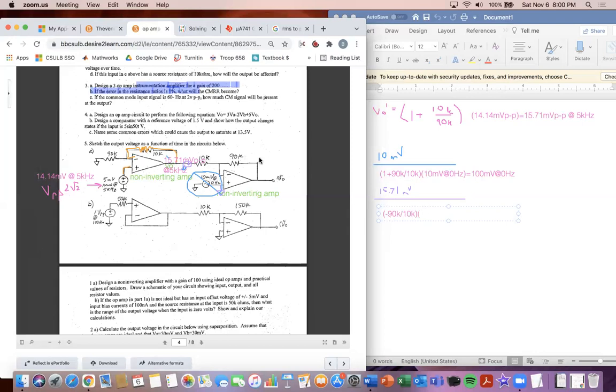So then it would be multiplied by the input voltage, 15.71 millivolts peak to peak at 5 kilohertz. So negative 9 times 15.71 e to the negative 3. That gives me negative 141.39 millivolts peak to peak.